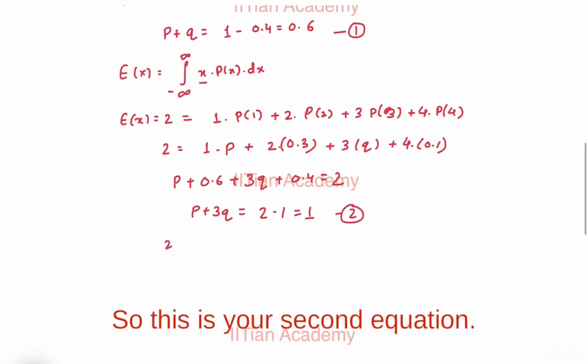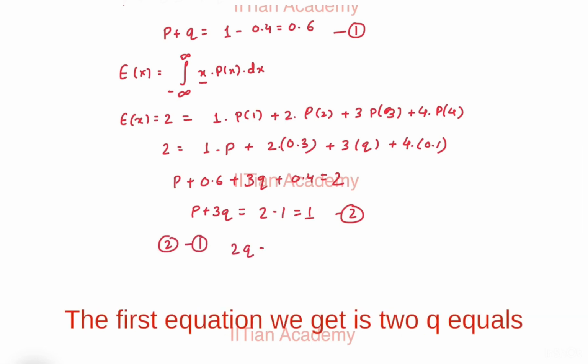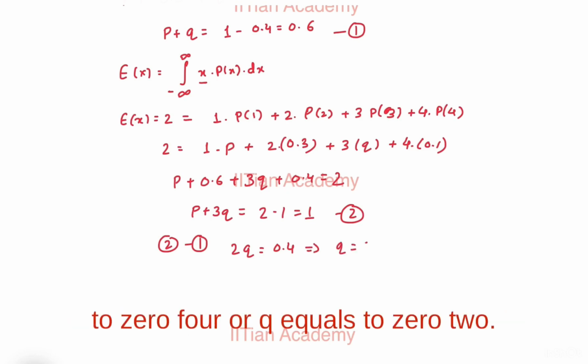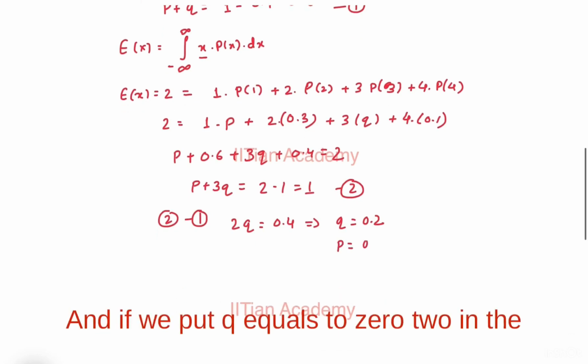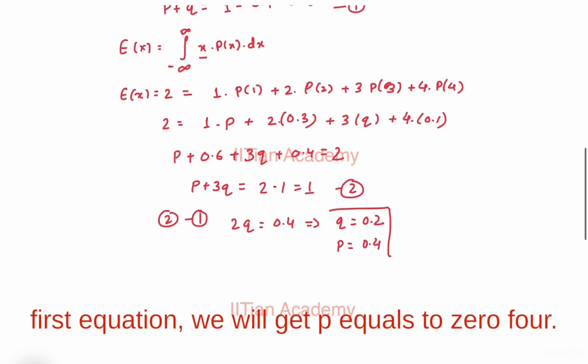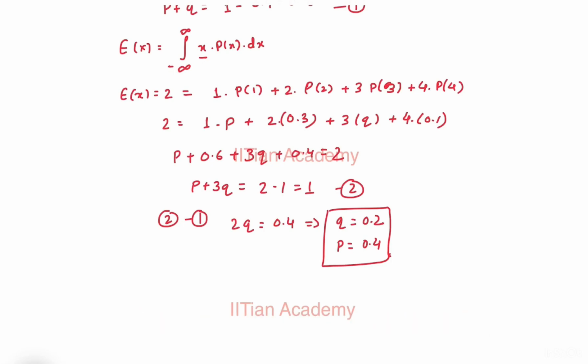So this is your second equation. Now let us subtract the first equation from the second. We get 2q equals 0.4, or q equals 0.2. And if we put q equals 0.2 in the first equation, we get p equals 0.4. So these are the values for p and q.